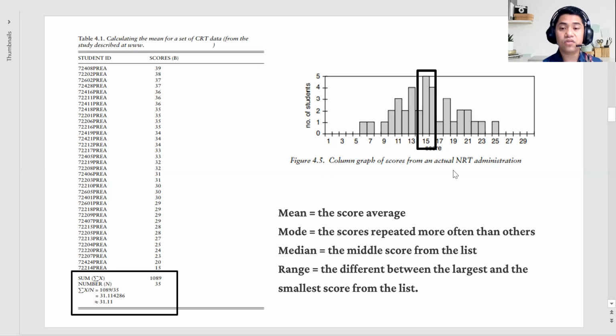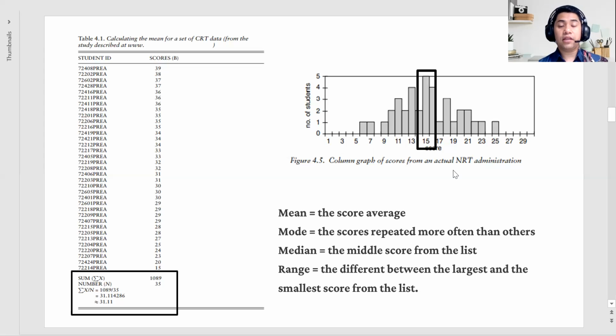But in figure 4.5, the highest score is 25 and the lowest score is 5. 25 minus 5 is 20, plus 1, so the result is 21. So the range for figure 4.5 is 21.